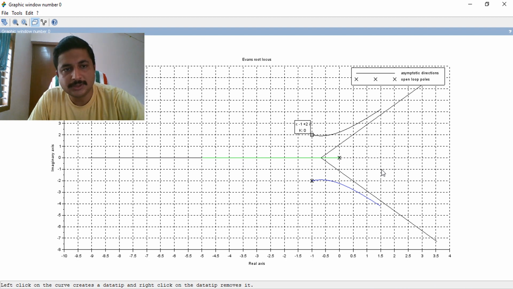You have a defined function known as evans. You just have to feed the transfer function as numerator and denominator polynomials in the program, and you can just use evans to get the root locus of any given open loop transfer function. I think this is very clear.